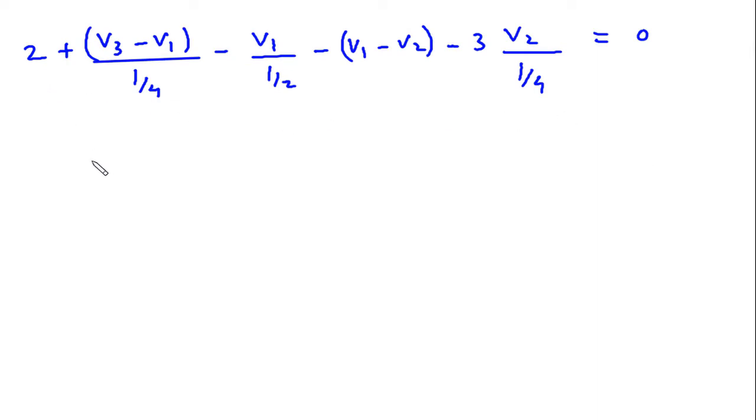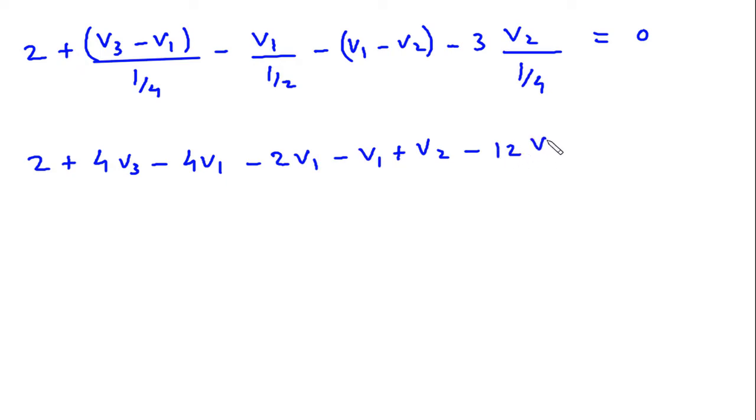So this will be 2 plus V3 by 1 by 4 minus, or directly we can write 4V3 minus 4V1 minus 2V1 minus V1 minus 12V2 is equal to 0.